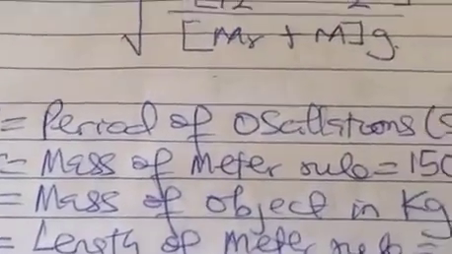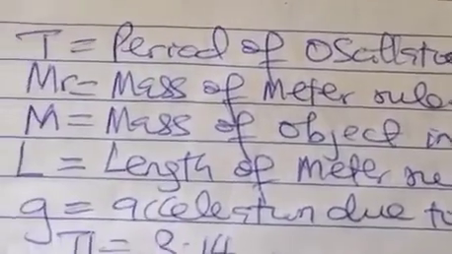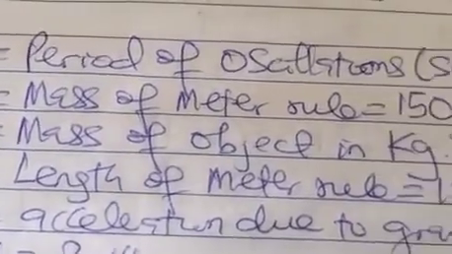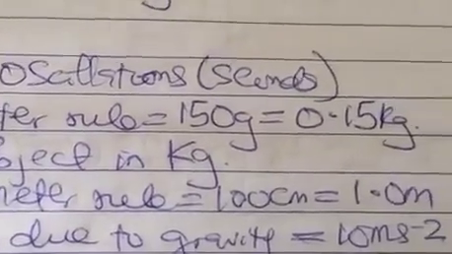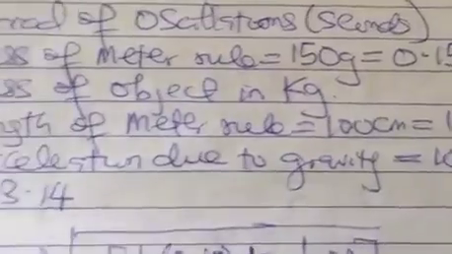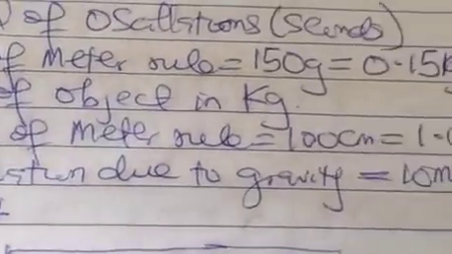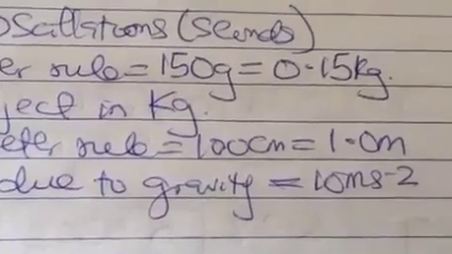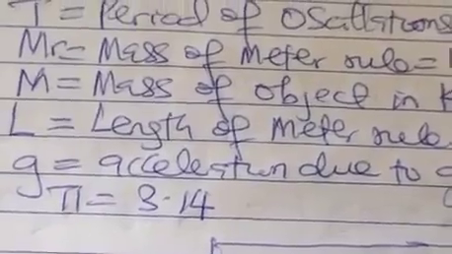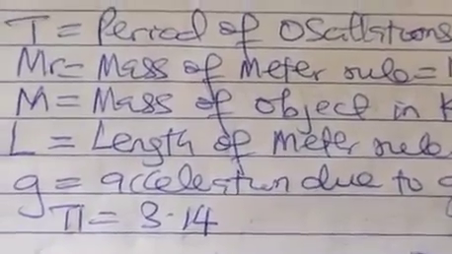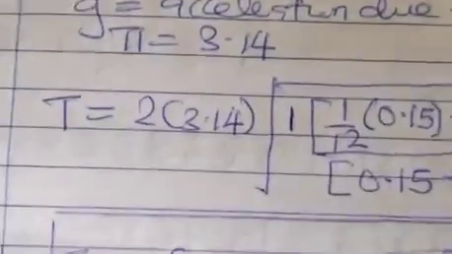Then M is the mass of the object we're going to place at the center in each case, which will vary. Then L is the length of the meter rule. Every meter rule is 100 cm, but we're taking the SI unit, which is 1 meter. Then g is acceleration due to gravity, which is 10 meter per second squared. Then we take pi as 3.14, not 3.142. In most physics calculations, we normally take pi as 3.14.